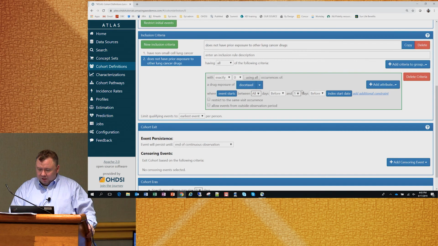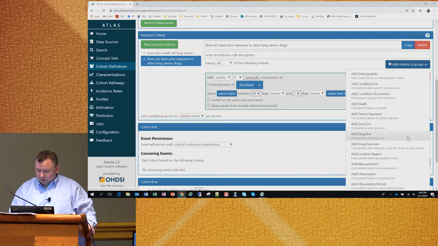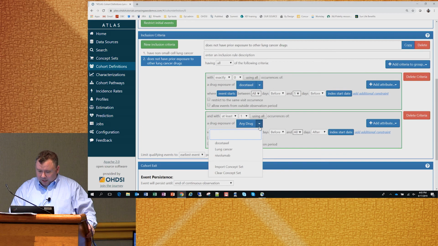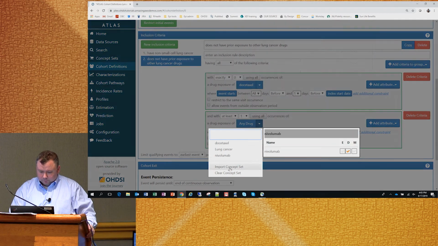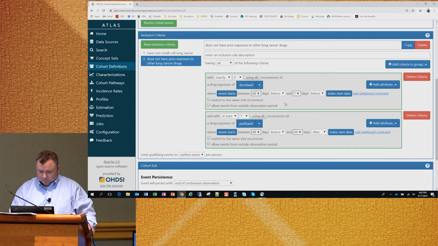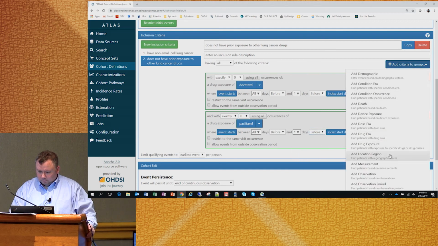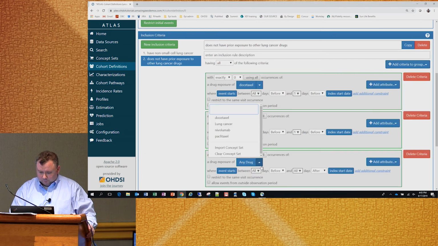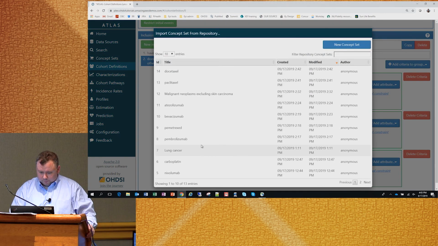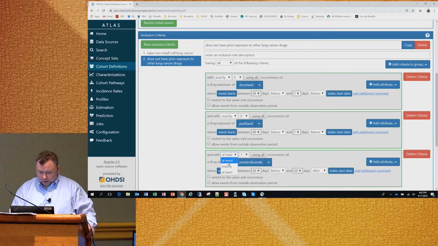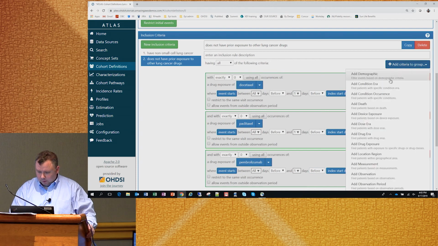So instead I'll just say, you can't have docetaxel, and you can't have paclitaxel, and you can't have Pembro, which is the main one I think there, and you can't have carboplatin.